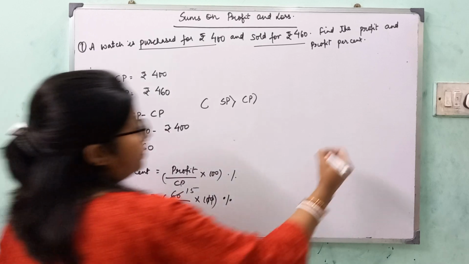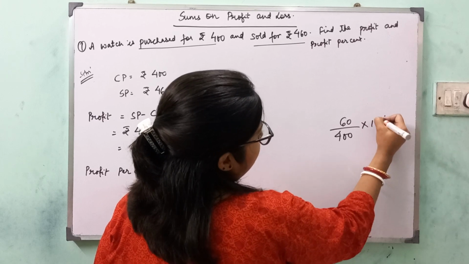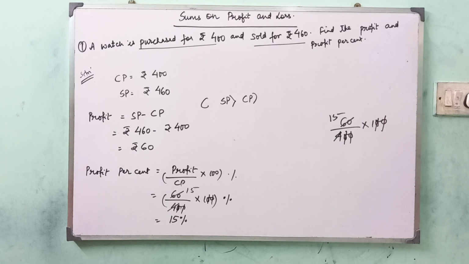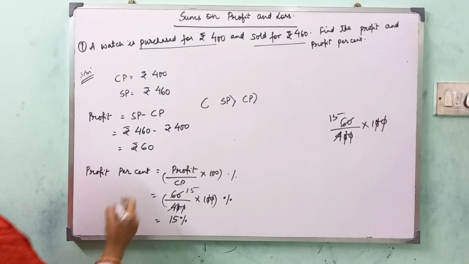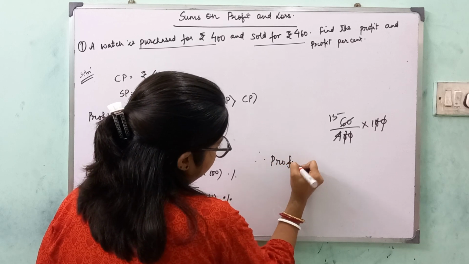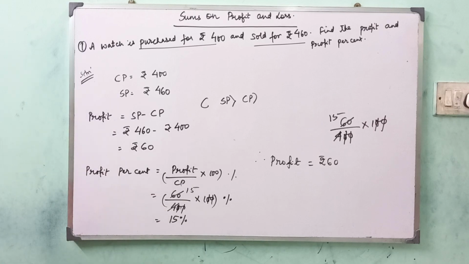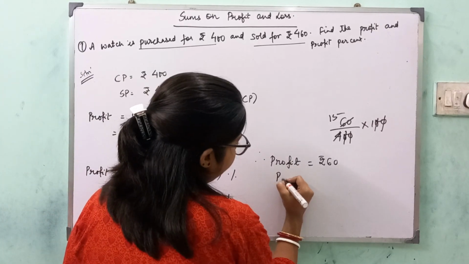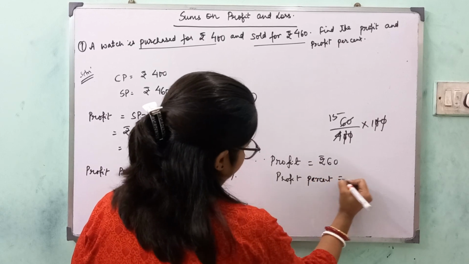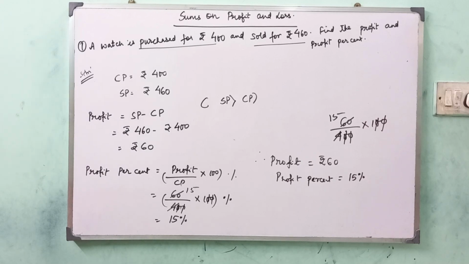I hope the calculation is clear to everybody. Four 15s are 60, so 15%. So I can say that therefore profit is rupees 60. The profit will always come in rupees and the profit percent is coming in a percent. Profit percent is 15%. Quite a simple sum.